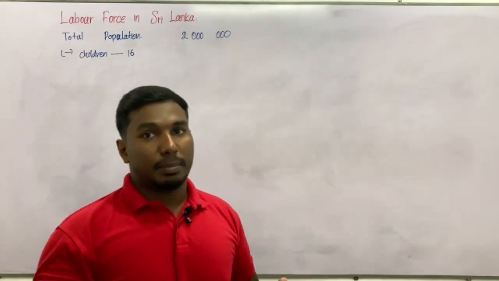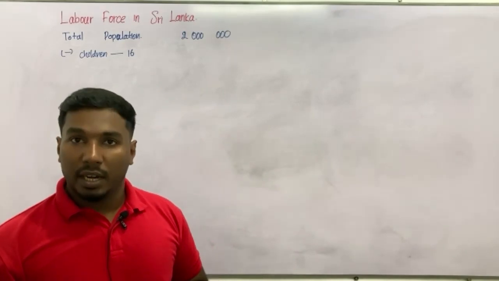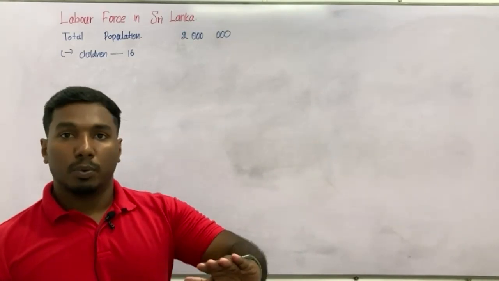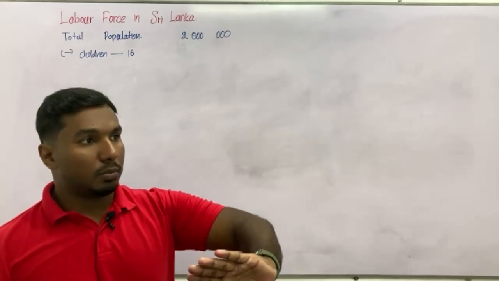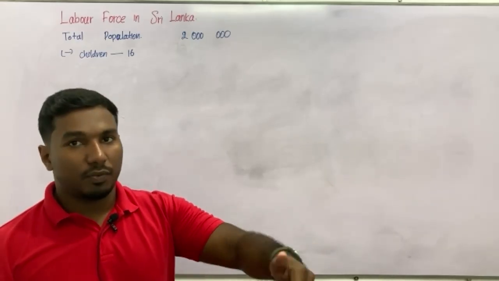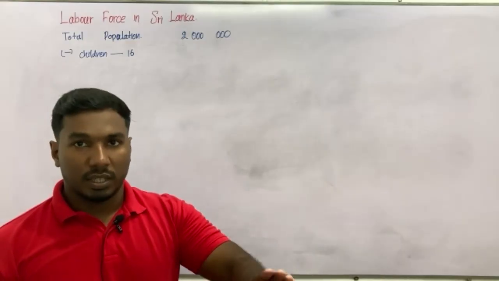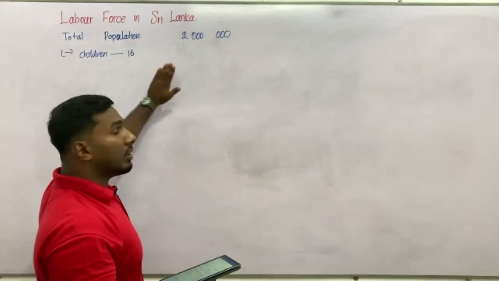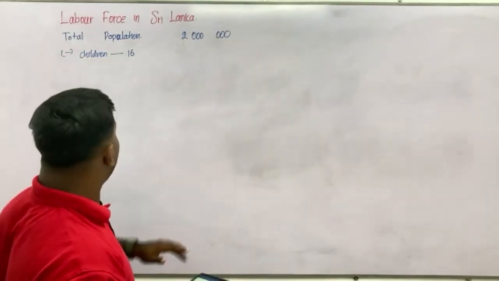So that's the minimum age level for studies. You can't put a child who is under 16 to work. That is offensive. That is illegal. So that's the minimum education level a Sri Lankan needs to have.